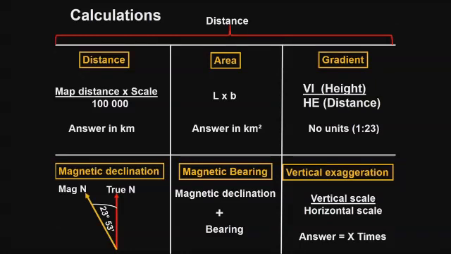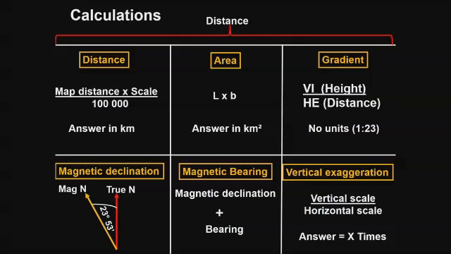Look at area. Now, some children tell me, okay, I can calculate distance, but I'm struggling with area. I don't believe you. Because what is area? Area is just 2 distances that you've got to calculate, and you times it, and then you get area. So please, this is very easy. Gradient. Remember, gradient. No units.